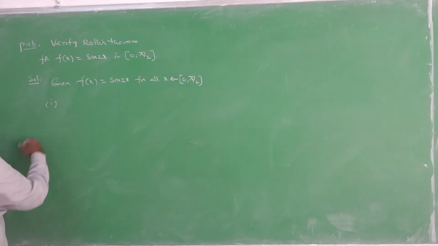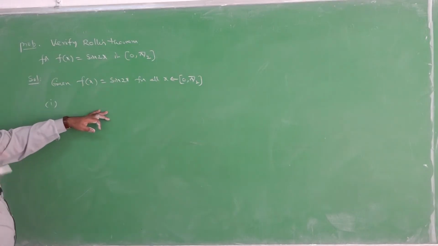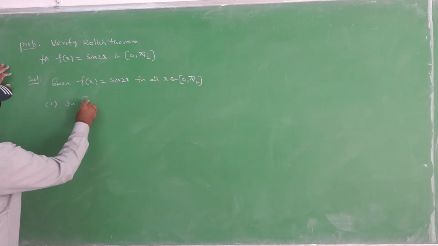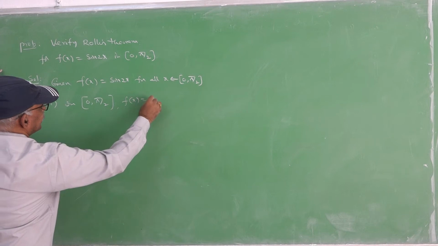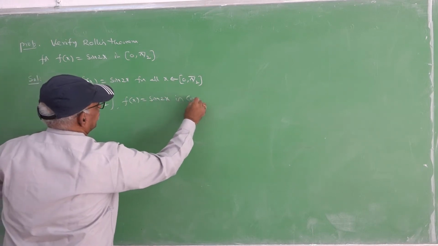Now, first one. Since the sine graph is always continuous, in the given interval [0, pi/2], f(x) equal to sine 2x is continuous.